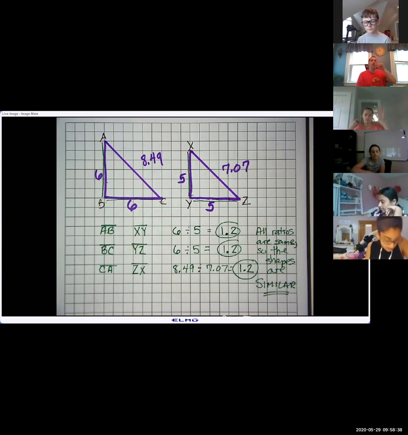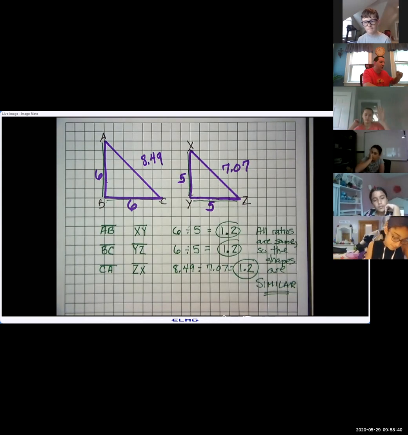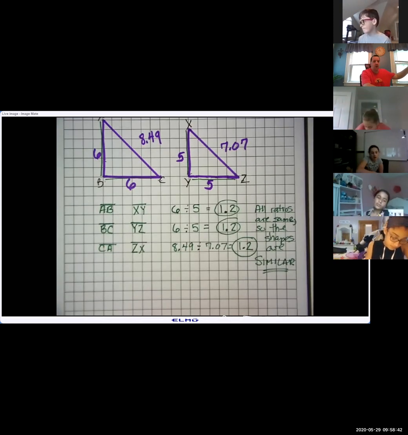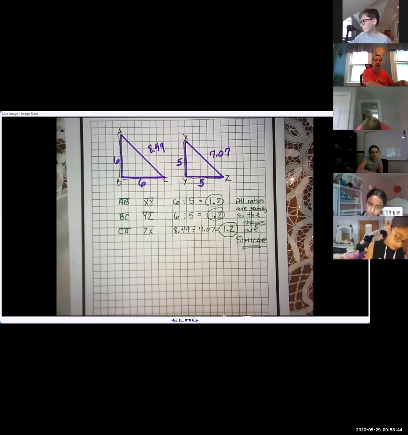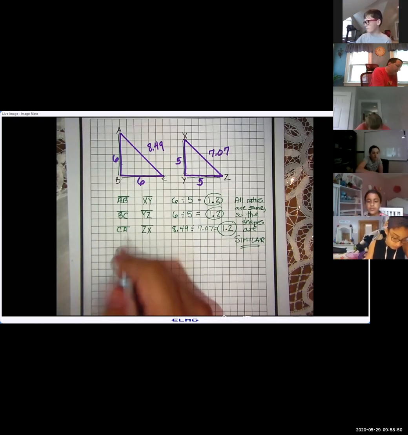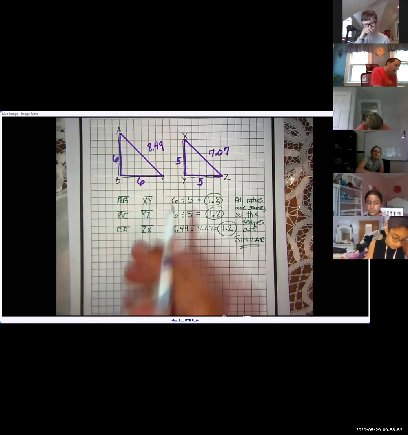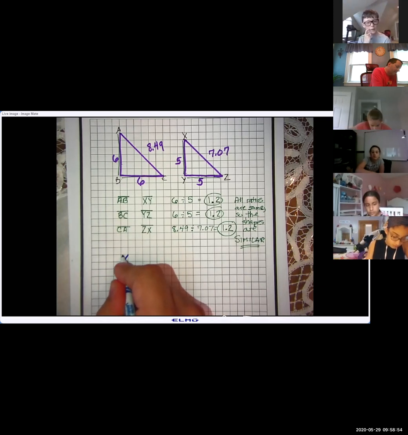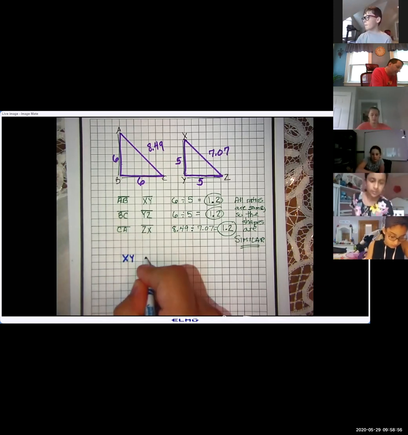Now, I have a question, keeping the same shapes. What would happen if, instead of doing AB to XY, I had done XY and AB?